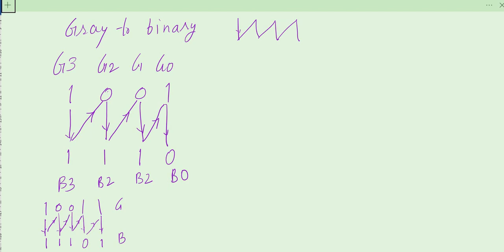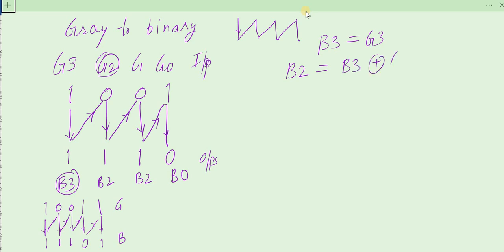From the conversion procedure, we have understood that gray codes are the inputs and the binaries are the outputs. So B3 is equal to G3. B2 is generated by the addition of B3 and G2. So B3 XOR G2, because addition is there.